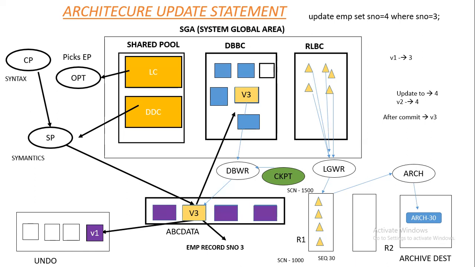If the value 3 is not present, it won't update. So before doing the update, it does a select. Then the value will be updated from X to Y. Update internally uses the select statement.